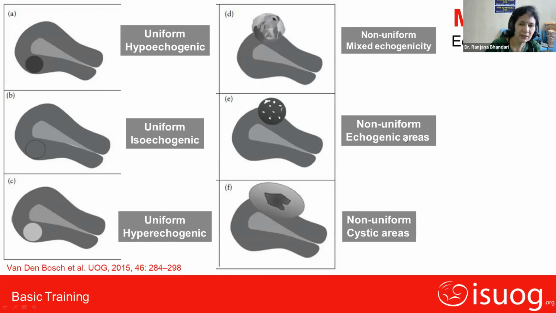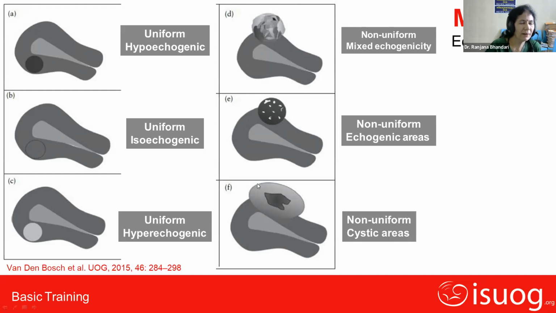This one is a hypoechoic non-uniform myoma having some echogenic spots within it. See, there are echogenic spots within it. This is a hyperechoic non-uniform myoma with some degeneration, the cystic or hyaline degeneration areas within it.